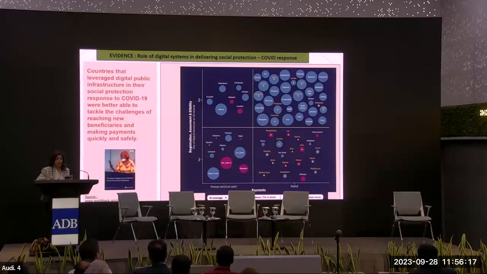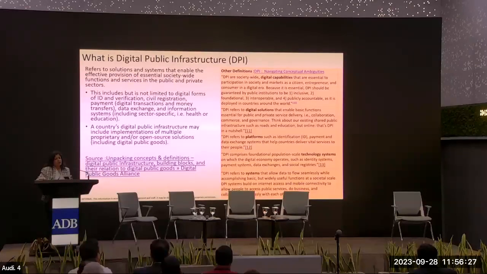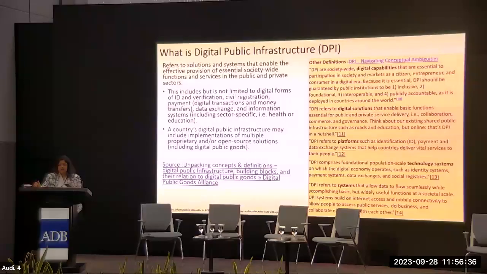This buzzword has been defined differently by different people. Can you give the next slide, please? So there are various definitions given by people on what is a digital public infrastructure. Each of these definitions refers to digital systems, digital platforms, digital tools. And the examples listed in each of these definitions are identification system, payment systems, data exchange layer.